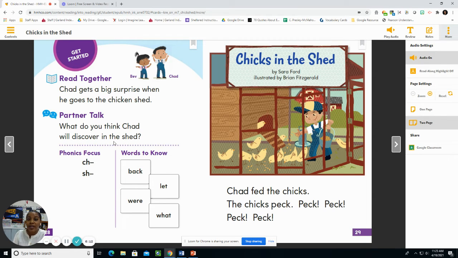As we're reading, I want you to make that prediction. Phonics focus, we've been looking at ch and sh. Words to know: back, let, were, what.